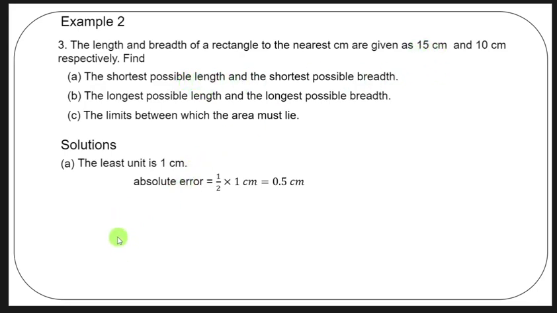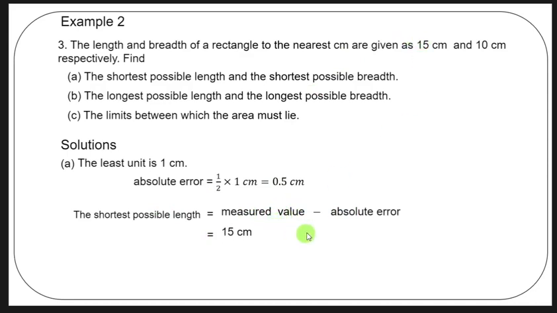So now you use this one. So you say the shortest possible length, you use the lower limit formula. So it is going to be equal to the measured value minus the absolute error here. So you say equals the measured value, which will be 15 itself, minus an absolute error which will be 0.5 centimeters. When you subtract, you get 14.5 centimeters. So this will be the lowest possible length that will be closer to 15.